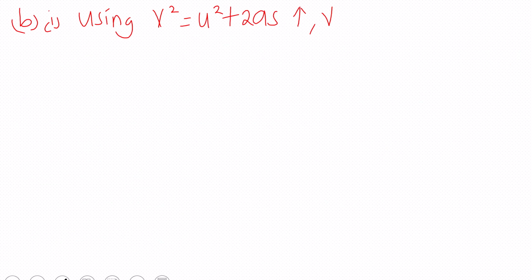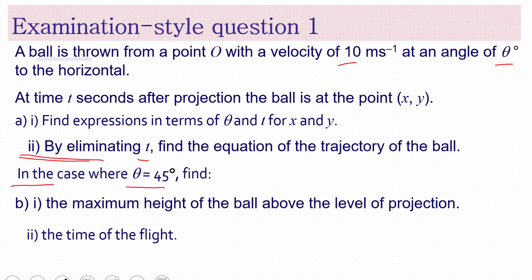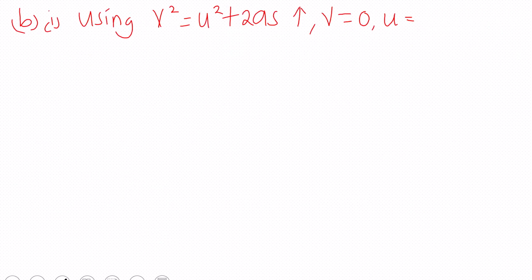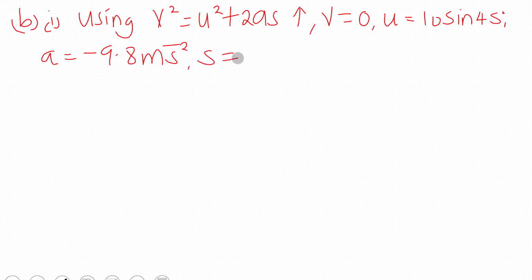Our u in the y will be our initial velocity, 10, now sine of 45 because they have given us the theta. And then our acceleration will be negative 9.8 meters per second squared. Our s is what we are looking for. We can call it h.